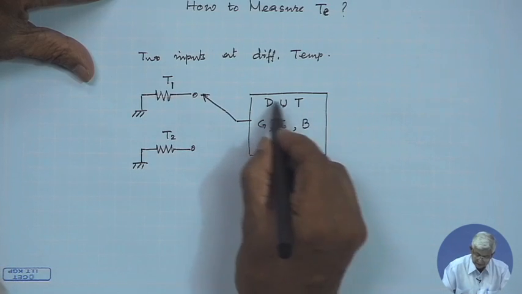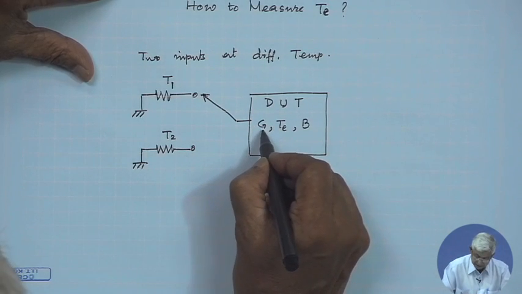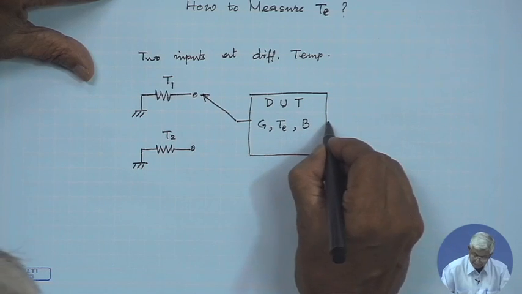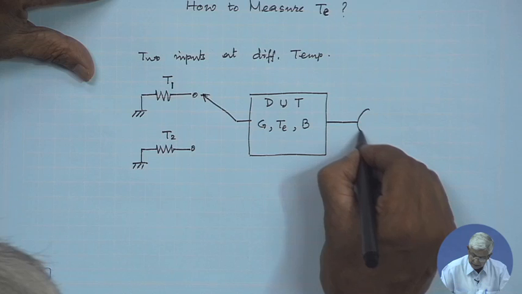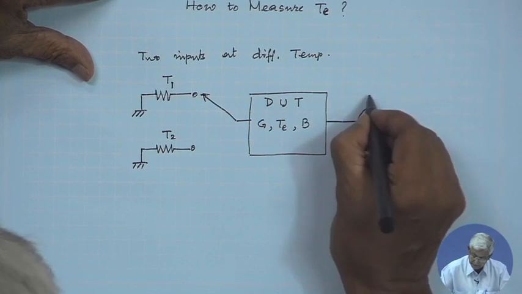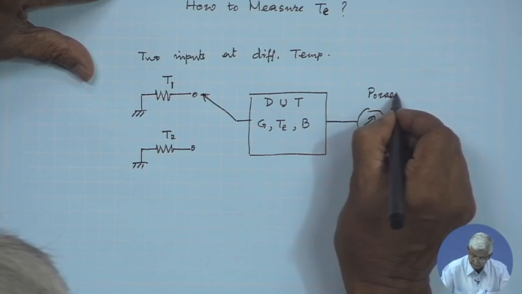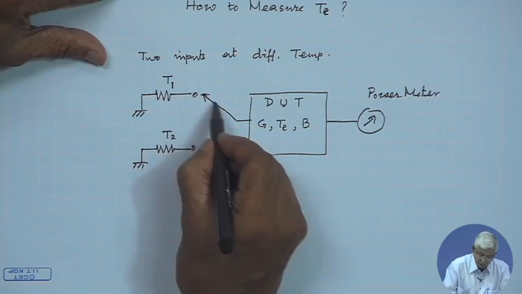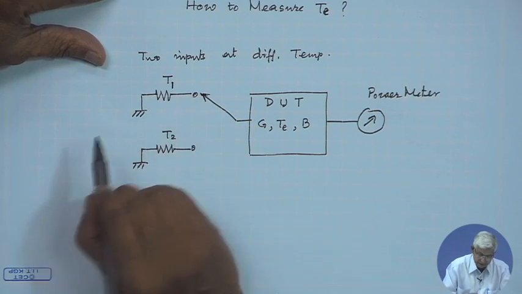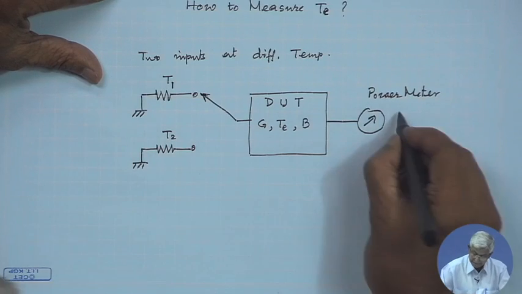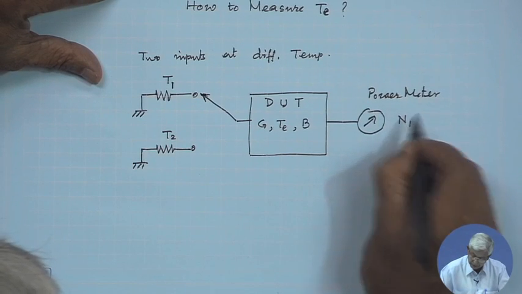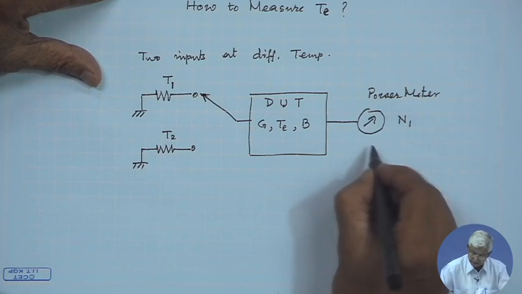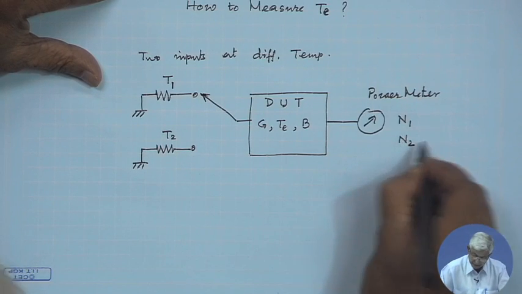This device under test, based on its gain, effective noise temperature and bandwidth, generates some noise. So, the total noise is measured in a power meter. So, when the switch is towards the T1 source, the measured output power is N1. When the switch is towards T2 source, the measured output is N2.